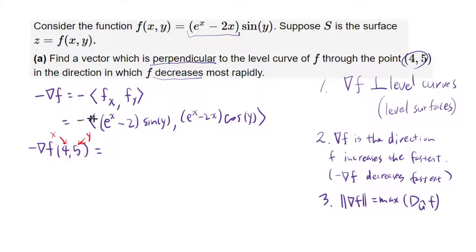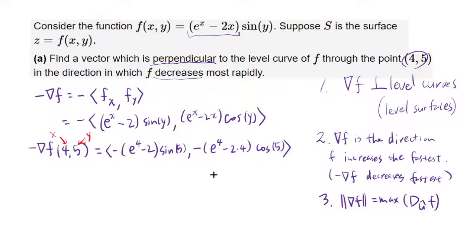And let's bring the minus inside. So it'll be minus e to the 4 minus 2 times sine of 5. Again, if you bring the minus inside, it should have minus e to the 4 minus 2 times 4 cosine of 5.